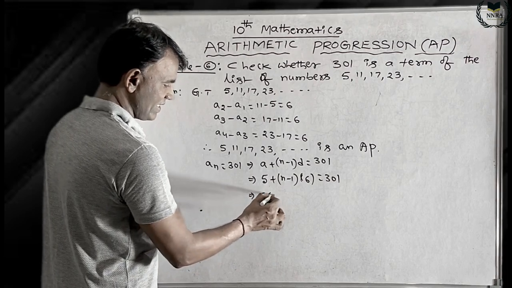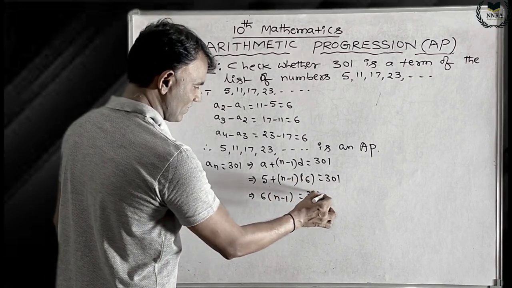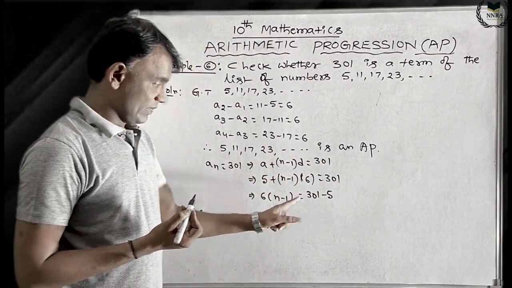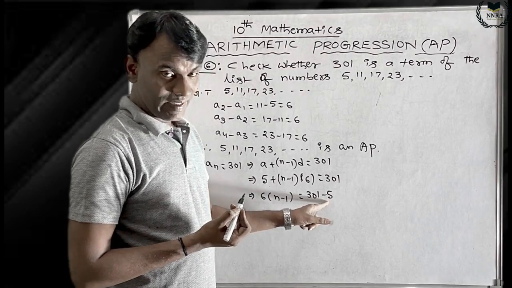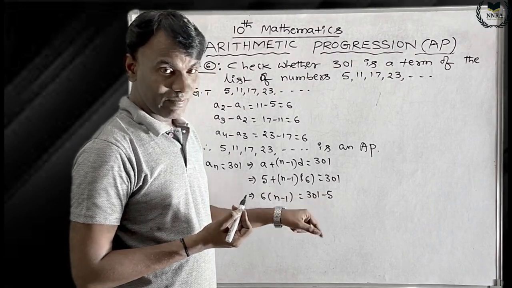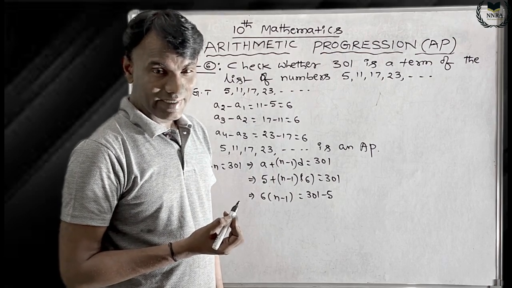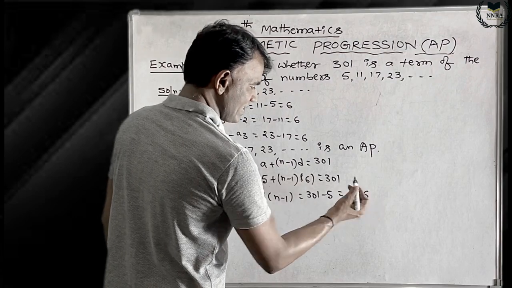Now 6 into n minus 1 equal to 301 minus 5. What is the difference? 301 minus 1 is 300, but it is minus 5, so 300 minus 4, how much? 296. Then right here equal to 296.